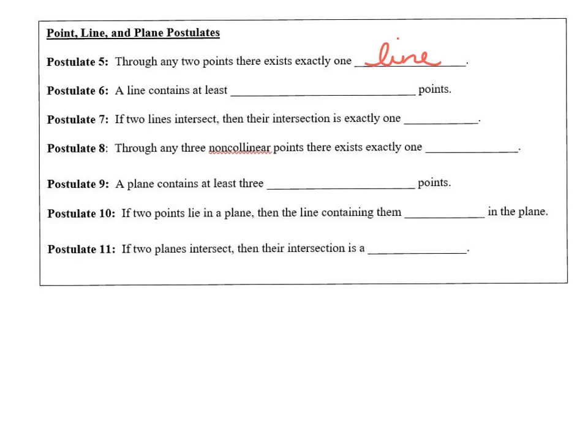A line contains at least 2 points. Now, a line actually contains infinitely many points, but in order to create the line, you need to have 2 points to start with. Postulate 7 is if 2 lines intersect, then their intersection is exactly 1 point.